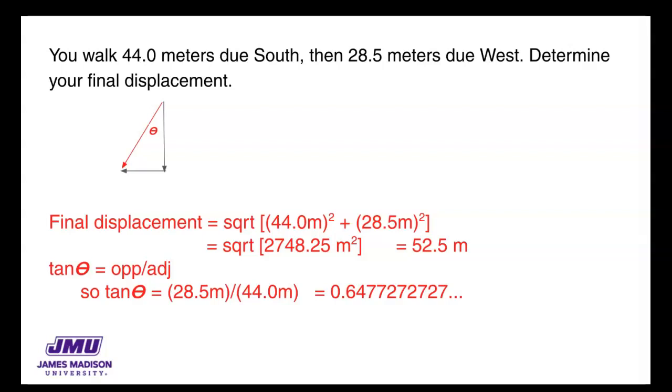And so 28.5 divided by 44 is 0.6477272727, etc. So inverse tangent of 0.6477272727 will give me the angle, and it's 32.9 degrees.